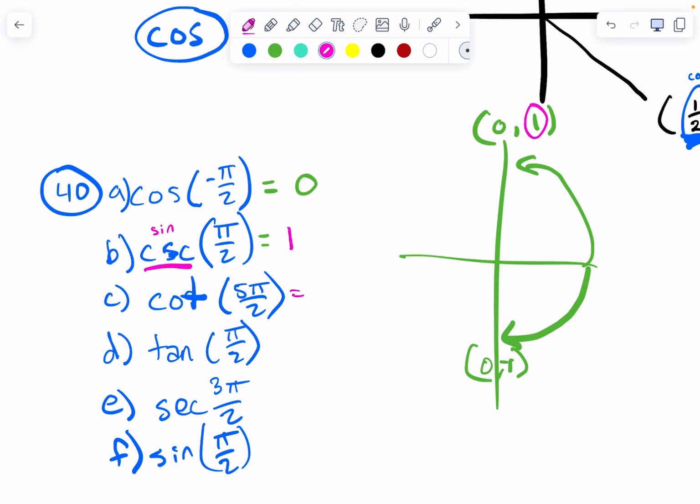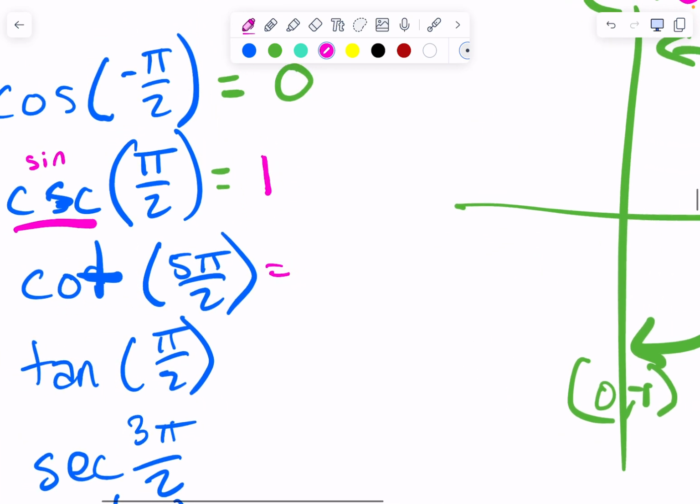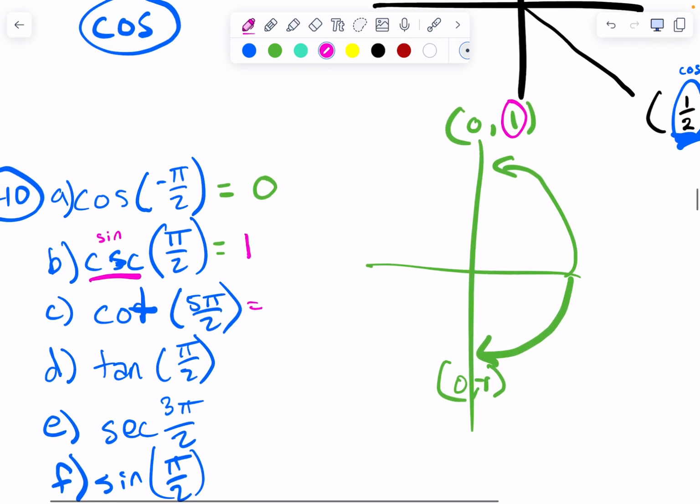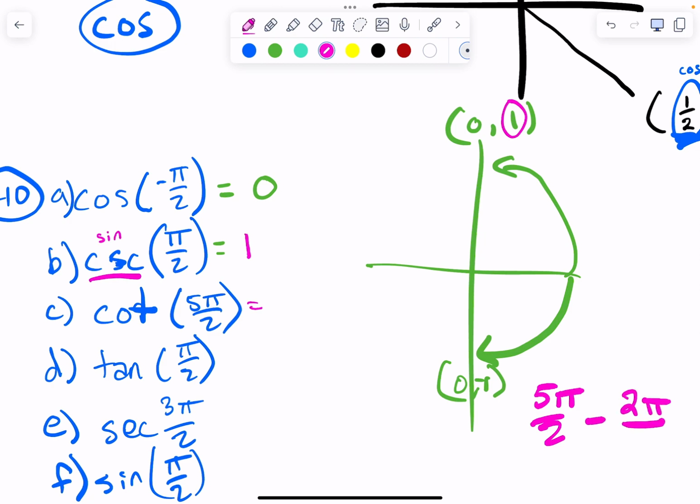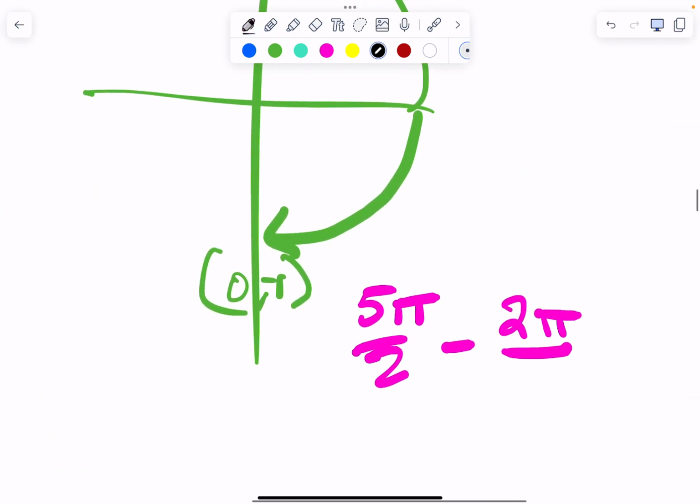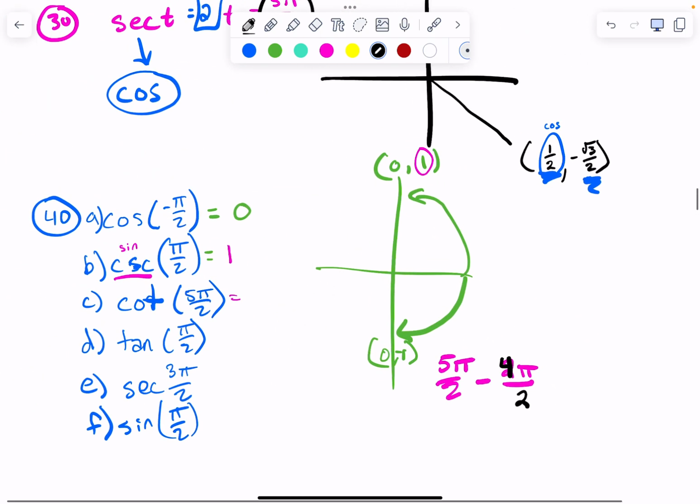5 pi over 2 is bigger than 2 pi. It's like 2.5 pi. Where's that going to live? Subtract 2 pi, which is 4 pi over 2. So 5 pi over 2 minus 4 pi over 2 is pi over 2. Looking back up there, I want cotangent.